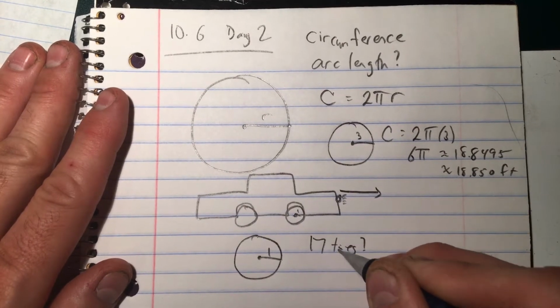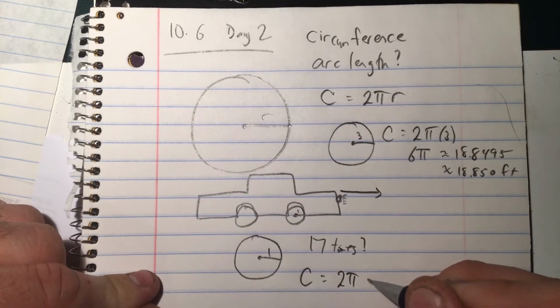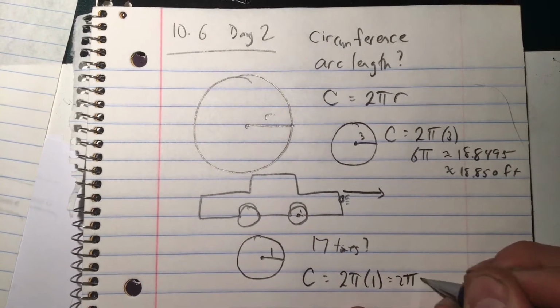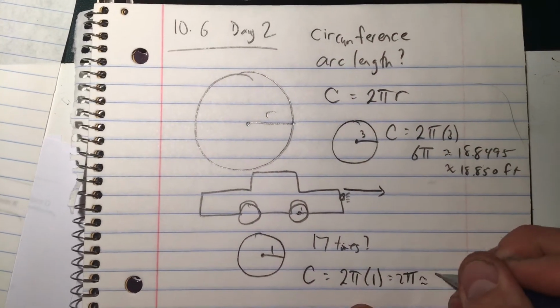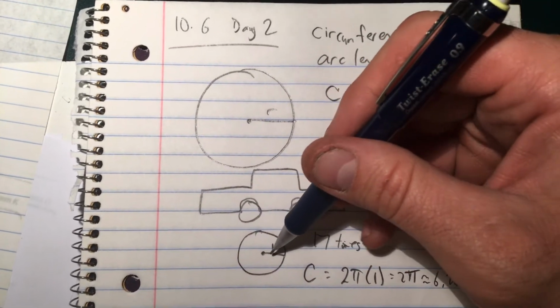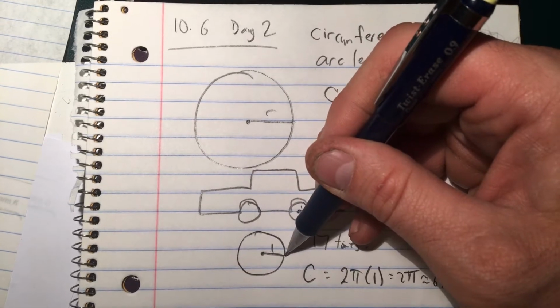Well, the circumference of this circle is 2 pi r, which this time is 2 pi. And 2 pi is approximately 6.28. That means there's about 6.28 of these radii going around.